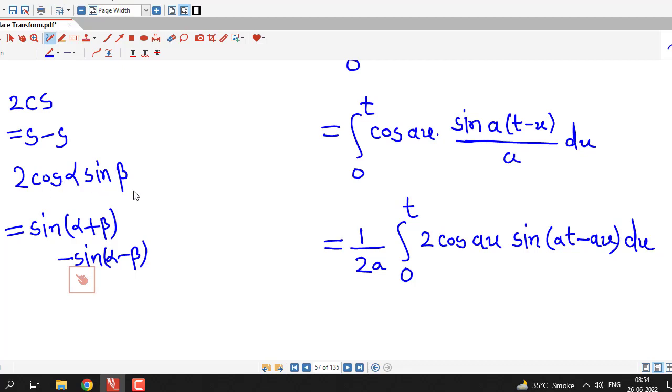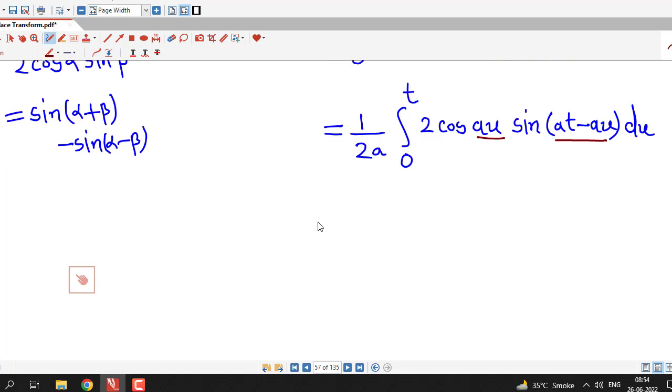Now we apply this formula with alpha equal to a into u and beta equal to a into t minus a into u. This is equal to 1 by 2a integral from 0 to t. First we have to add alpha and beta, that is a into u plus at minus au.